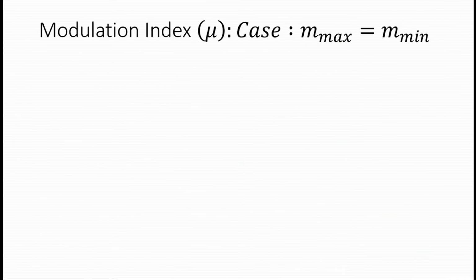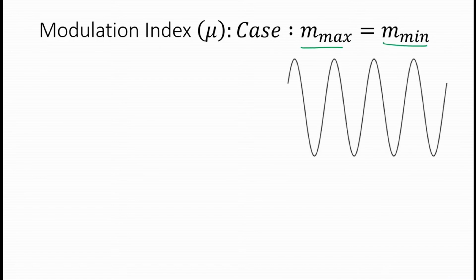Let us consider a case whereby we have a message signal whose maximum value is also equal to the minimum value in magnitude. The simplest case is this sinusoid. So this is a single tone signal. It is basically a simple sinusoid, and let's say this is m of t.